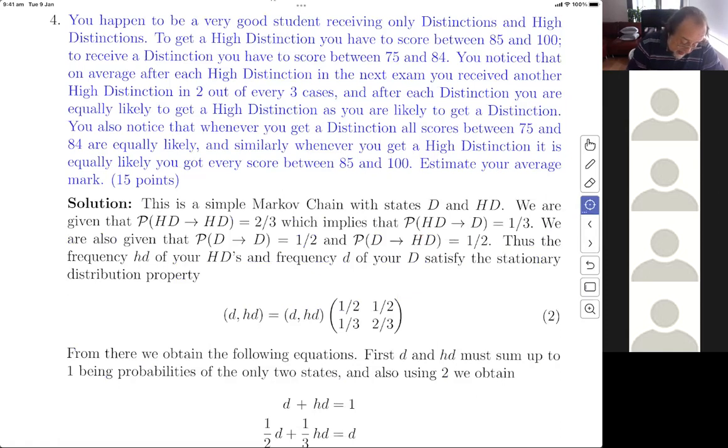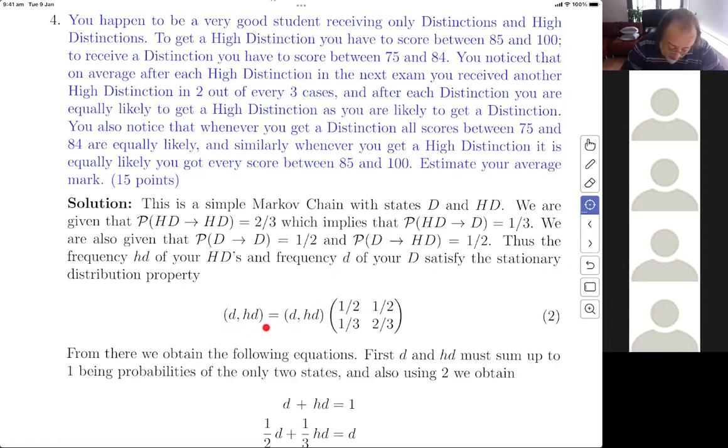So does the frequency HD of your high distinctions and the frequency D of your distinctions, right? The probabilities of you getting a high distinction and the probability that you get a distinction satisfy the following property, right? These are the global probabilities, right? And they have to be preserved through these transitions, right?